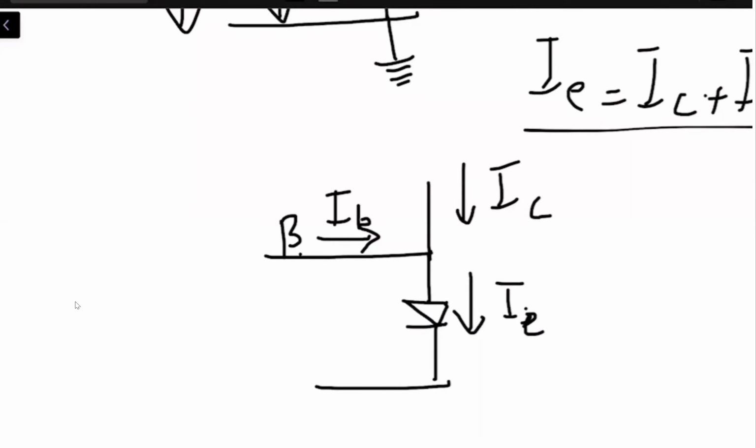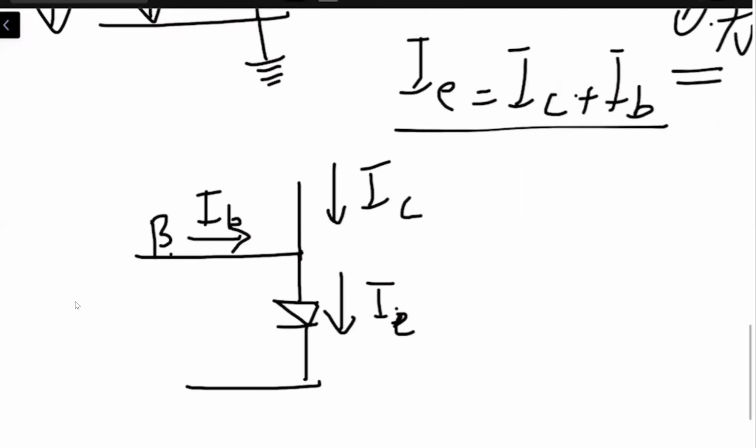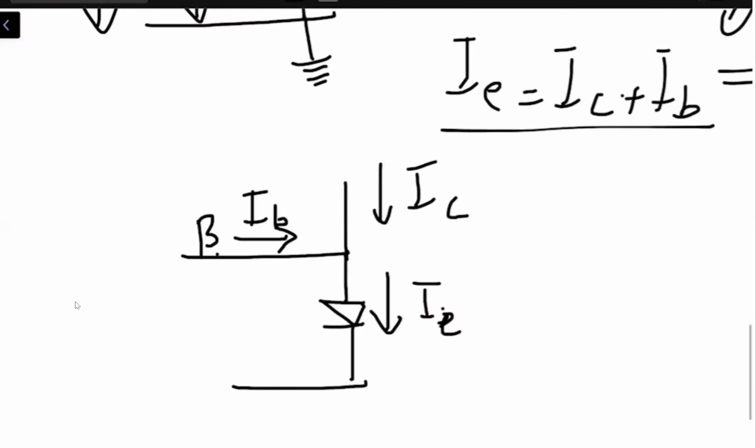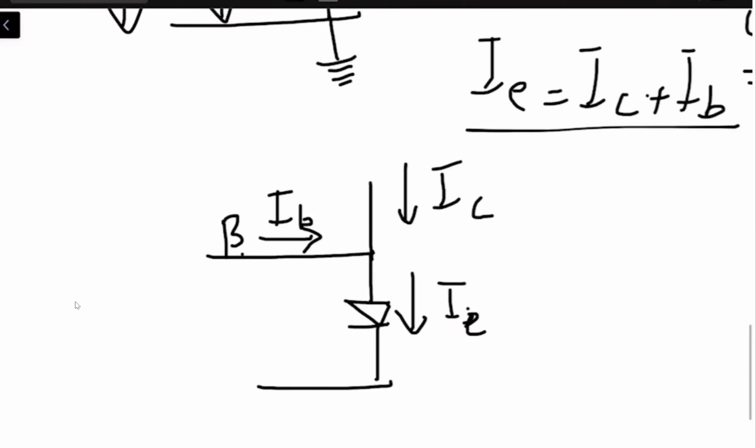From our previous knowledge, IE is equal to IC plus IB, and therefore we have made this circuit according to this equation: the emitter current is the sum of the collector current and the base current. So we come up with this kind of arrangement, the common emitter configuration circuit. Are you with me till this point?